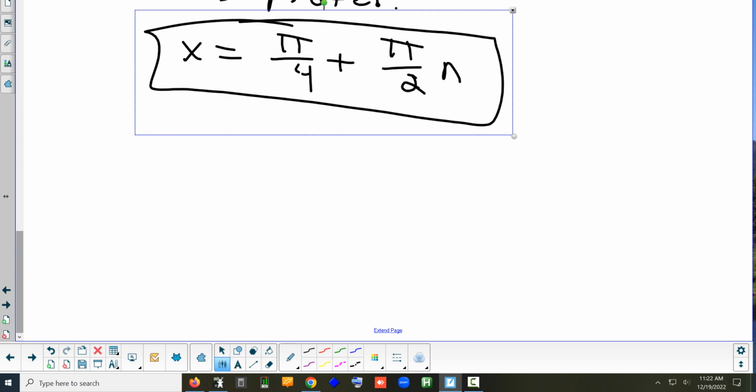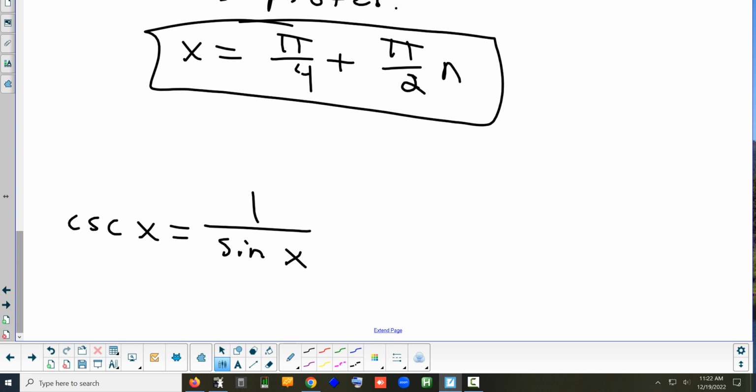What is cosecant? It's 1 over sine. Now, can the graph of sine ever equal 0? Yes, it can. So if sine can equal 0, then what's going to happen in this fraction?